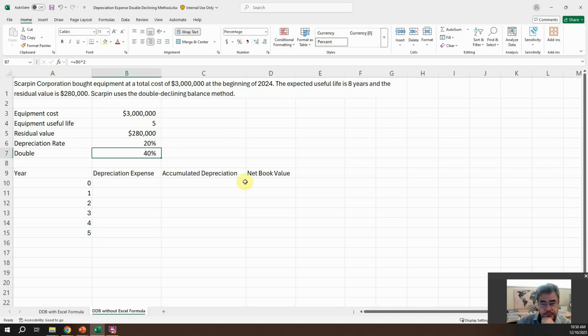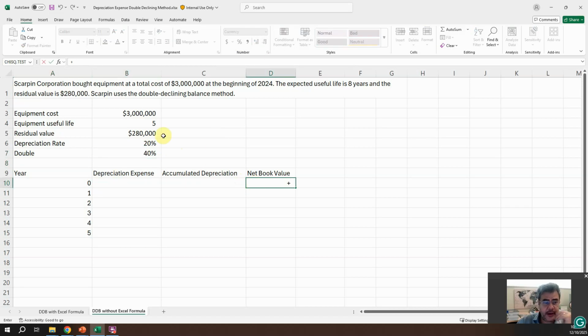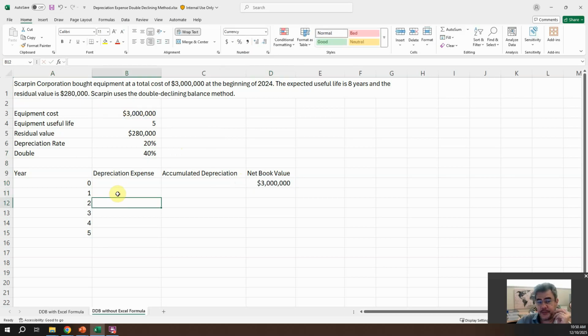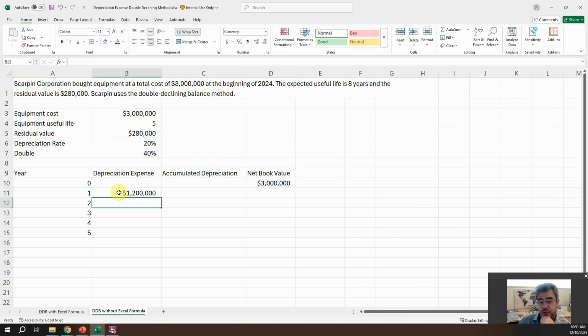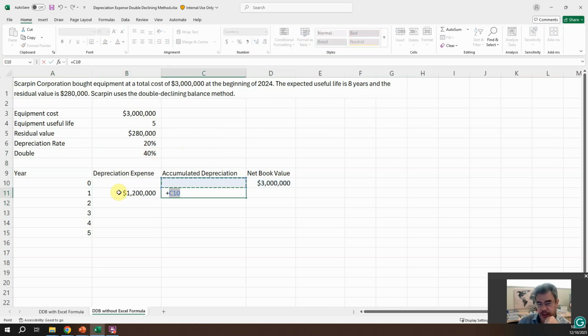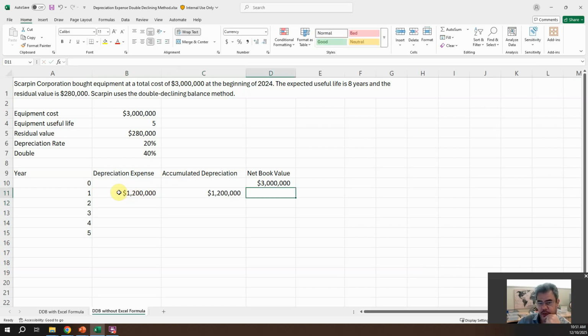So here, in the first year, when we buy it, net book value, $3 million. How do we find the depreciation expense? The net book value times the double of the depreciation rate, 1.2 million. Accumulated depreciation, 0 plus 1.2 million. Net book value, 3 million minus 1.2 million, 1.8 million.